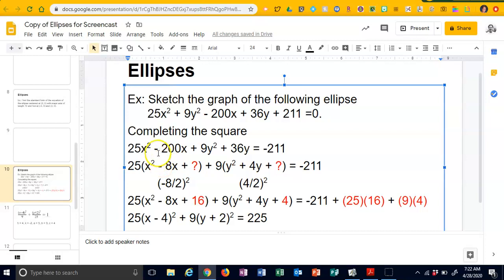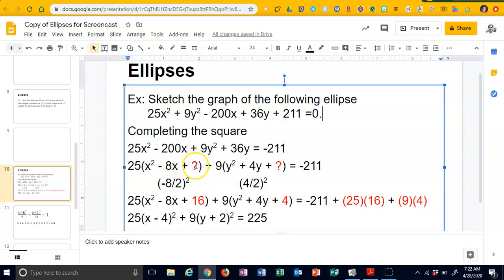Then I have my minus sign. If I factor a 25 out of 200, I must have 8 left, because 25 times 8 gives me 200. So now I have 25 times parenthesis x squared minus 8x plus, and I'm going to leave this blank for a second.